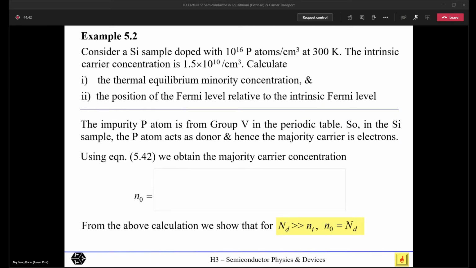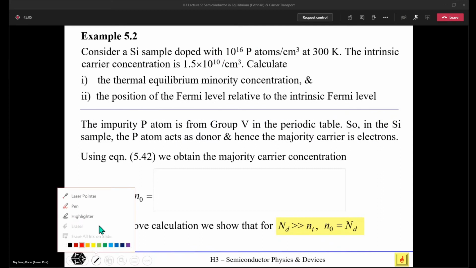The doping concentration is 10 to the power 16 atoms per cubic centimeter. Intrinsic carrier concentration of silicon is 10 to the power 10. So if we compare this, the doping is actually 6 orders of magnitude larger than the intrinsic carrier concentration.